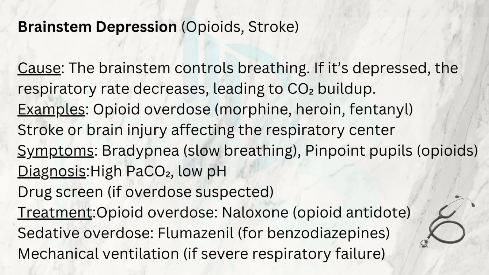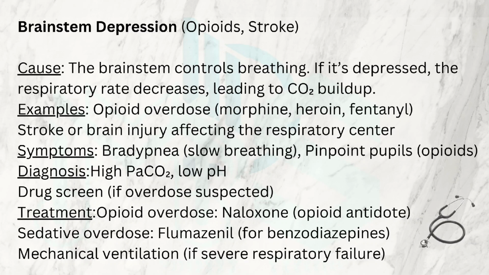Examples of opioids: morphine, heroin, fentanyl. Others are stroke and brain injury, name as many as you can remember. Symptoms: slow breathing and pinpoint pupils, in the case of opioid overdose. The treatment: you give an opioid antagonist, naloxone, and the rest of them.